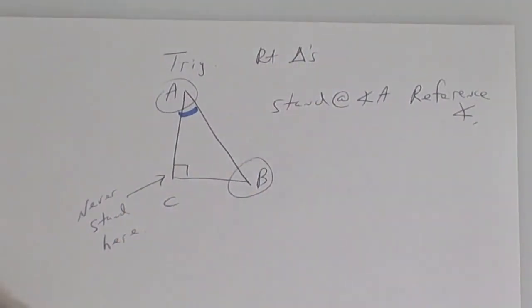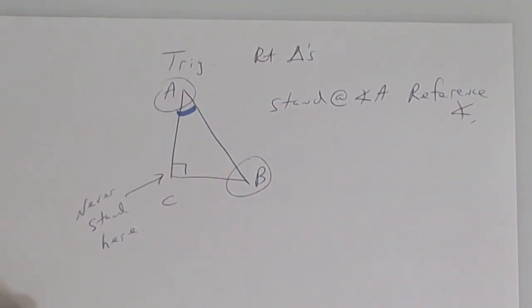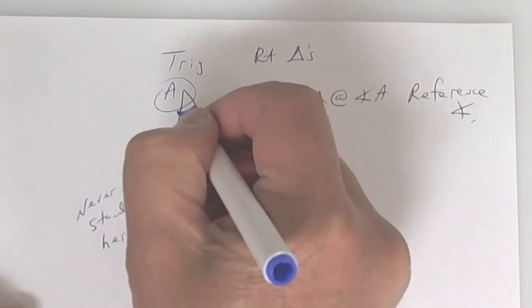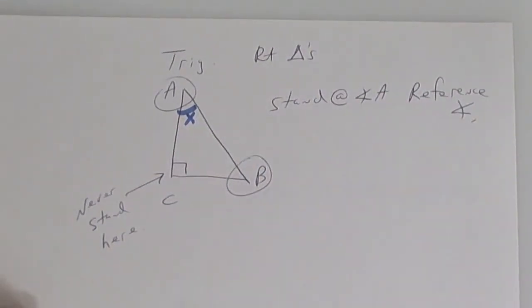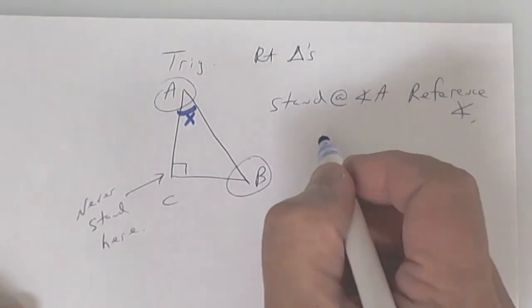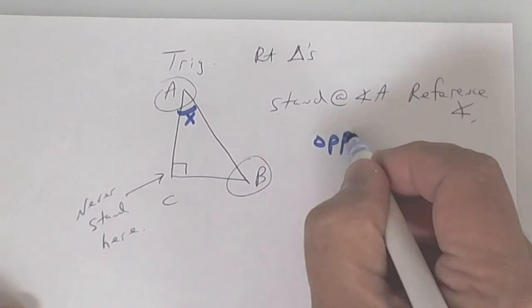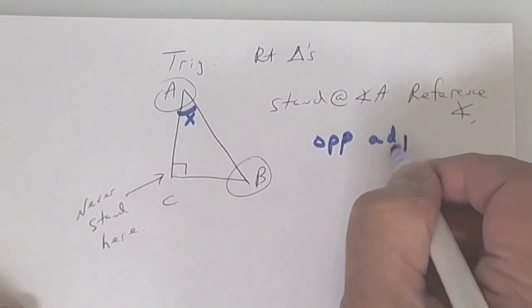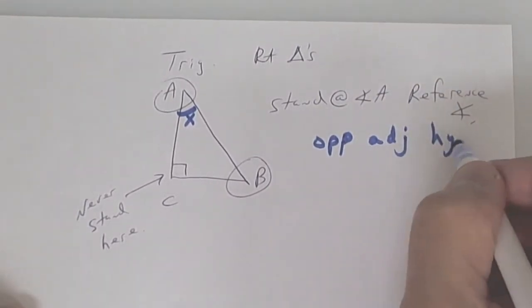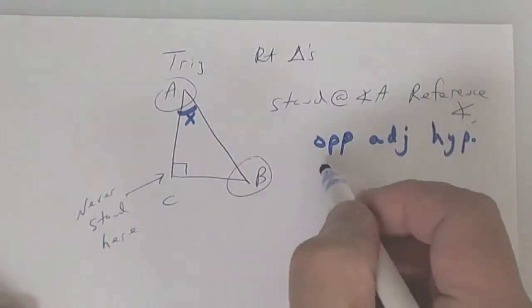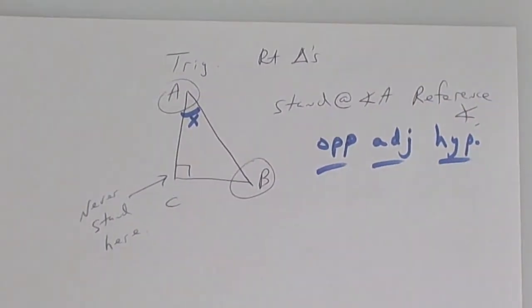Okay, that's where we're standing. Kind of like when you're in a mall and it says you are here. So let's put an X here. That's where we're standing. Now to label your sides, you have three sides. One of them is opposite, one of them is adjacent, and one of them is the hypotenuse. Okay? So you have three different sides and you have to label them.